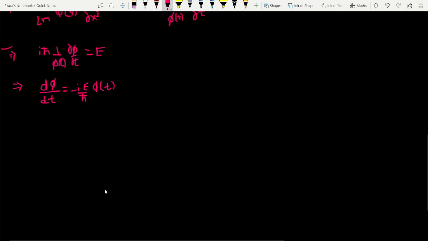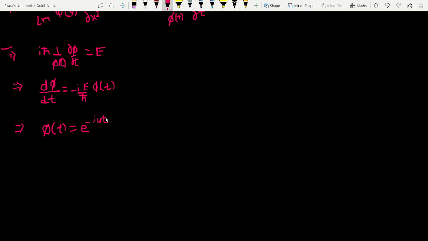this particular expression can be written as phi of t. The general solution of this expression, known as phi of t, is equal to e to the power minus i omega t.